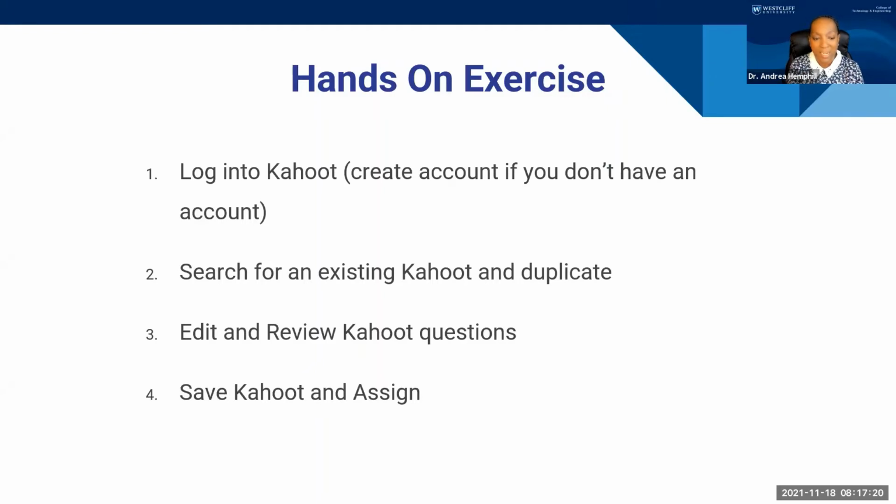When you click play, choose assign, and what that allows you to do is set a date and a time to keep the Kahoot open. A lot of times my students don't finish or they want to review, so I can date stamp it and say that it'll be open until the end of the week, and I can post that Kahoot link and game key so that they can continue to practice on their own after the class session.